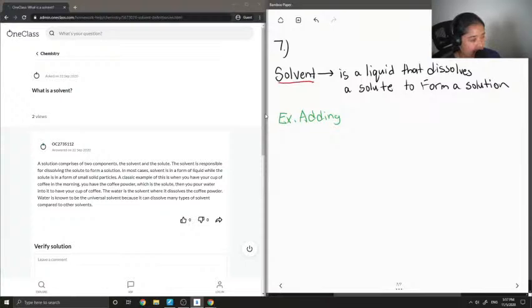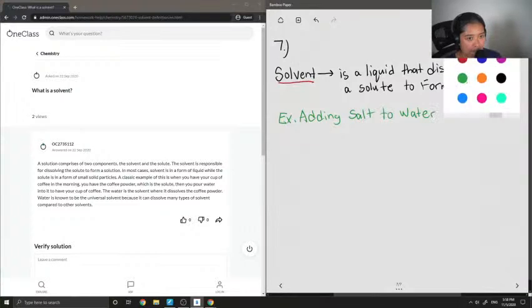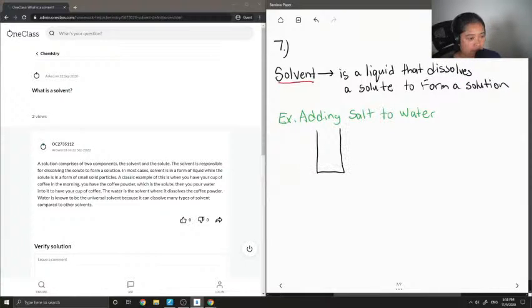Let's say we're adding salt to water. I'll draw a cup. Let's make it light blue for the water. And then I'll draw salt particles.